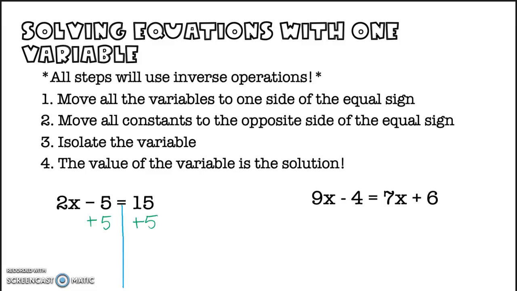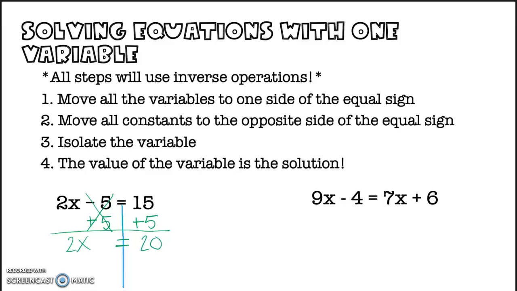So I'm also going to add 5 here. So that's going to get me to my next step. So 2x is not affected. -5 and +5, that's a 0 pair. They're going to cancel out and just leave us with 2x on the left side. I'm going to rewrite my equal sign, and then 15 plus 5 is going to give me 20.